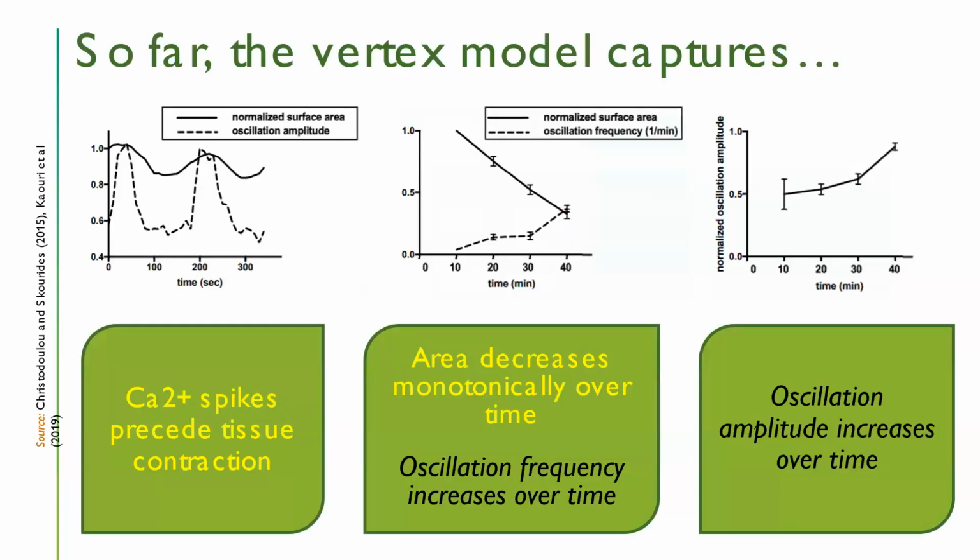So far, the vertex model captures the fact that the calcium spikes precede the tissue contraction and that the area decreases monotonically over time. We still need to put in the frequency dependence over time. Currently, the calcium flash is modeled just as an on-off, active or inactive binary state. But we need to vary the amplitude over time and see if that has a significant effect on the time taken to shrink and the final tissue size.